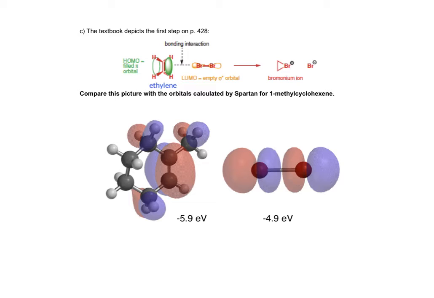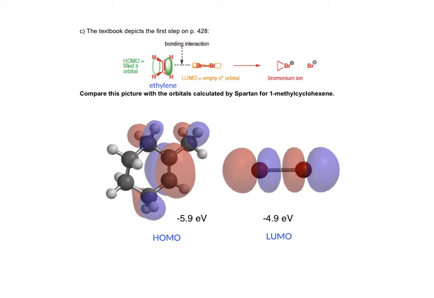From Spartan, these are the molecular orbitals. For methylcyclohexene, I have shown the HOMO. Note that the HOMO has most of its electron density above and below the alkene, but there is a little bit of electron density around some of the adjacent carbon-hydrogen bonds. And then on the right is shown the LUMO of bromine.